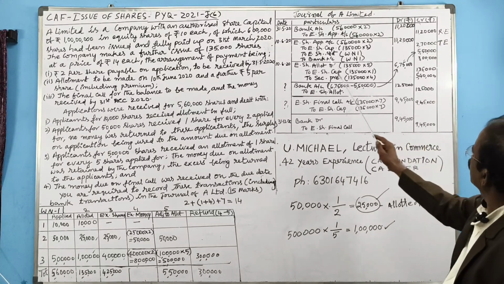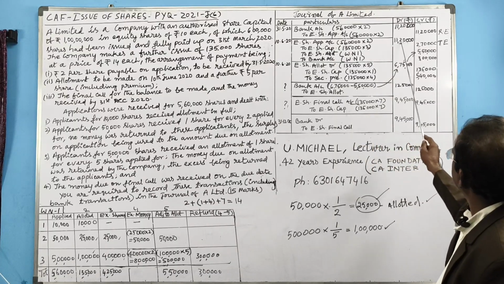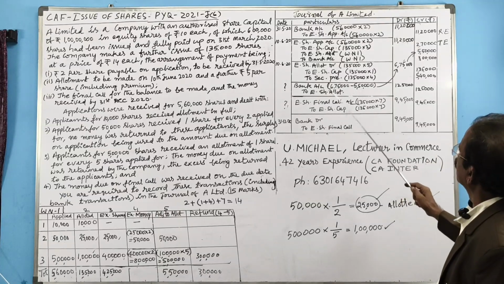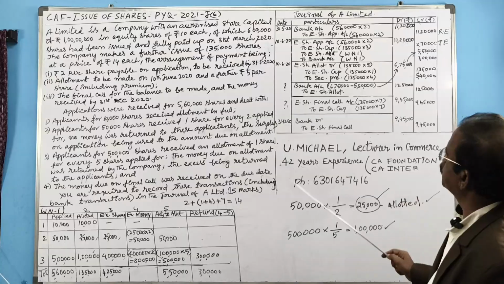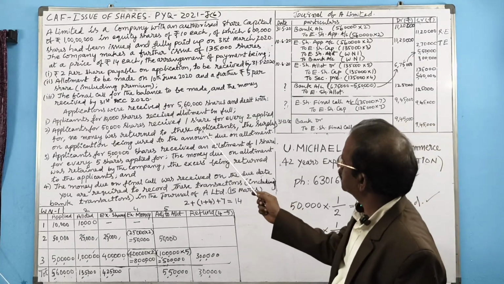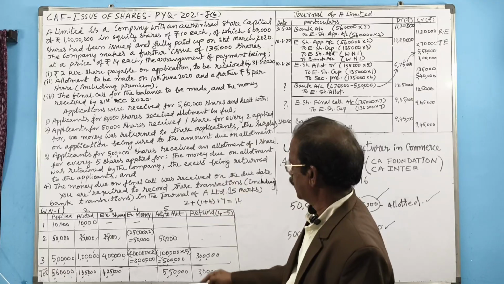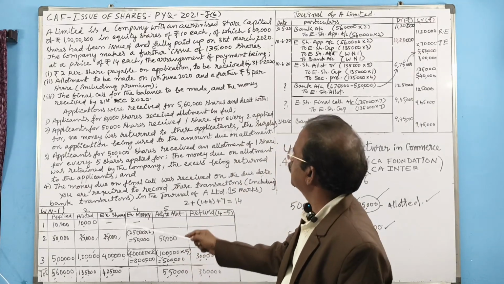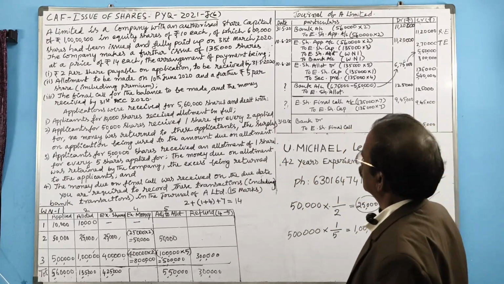Put this amount here, write the share application account, and out of this, how much amount is to be transferred to share capital? That is very simple. How many shares are we allotting in total? In total, 1,35,000. This figure was already given in the question.